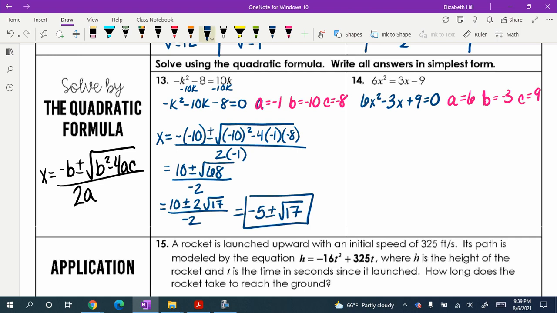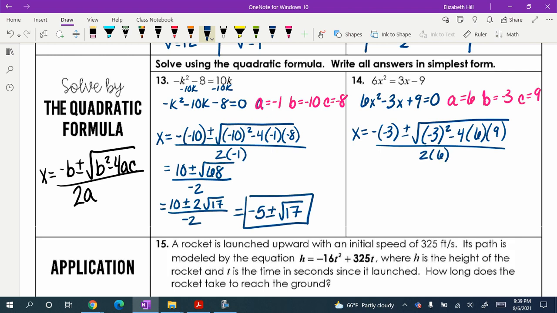So there's my a, b, and c. So x equals -b, so negative of a -3 plus or minus the square root of b squared. Hopefully you're still singing the song. B squared minus 4ac all over 2a.